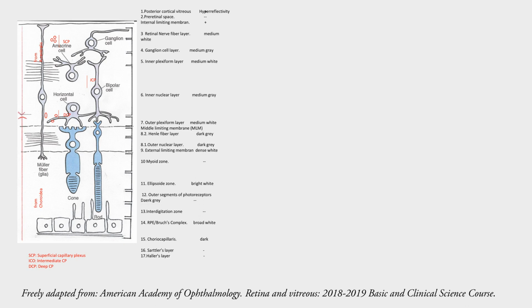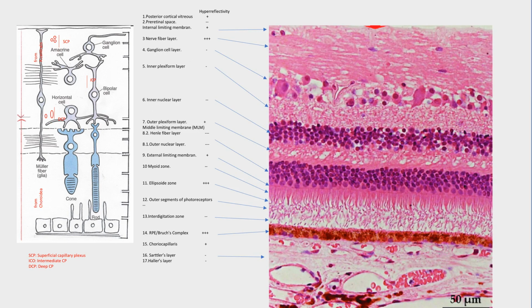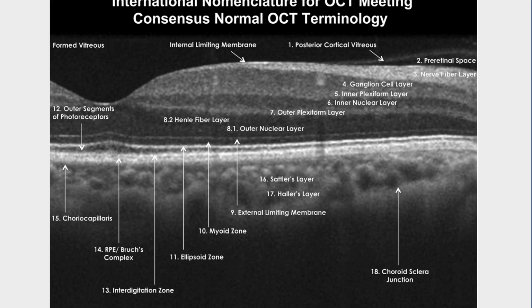Here you see what the anatomy looks like, adapted to our OCT needs. Let's add now the histology. Take all the time you need to analyze the dense slide. In 2014, a large number of experts met and defined the exact nomenclature of each layer.